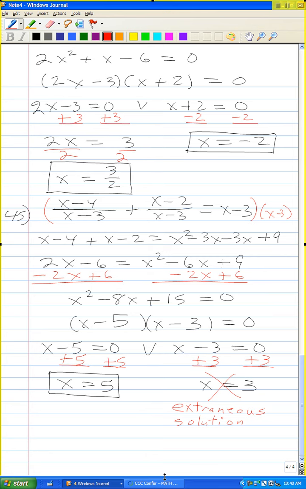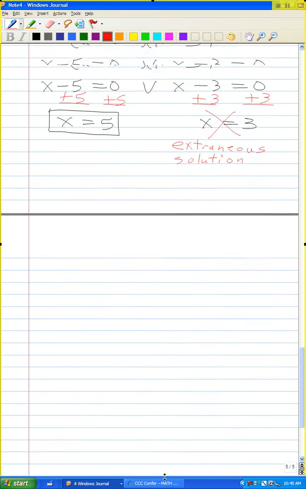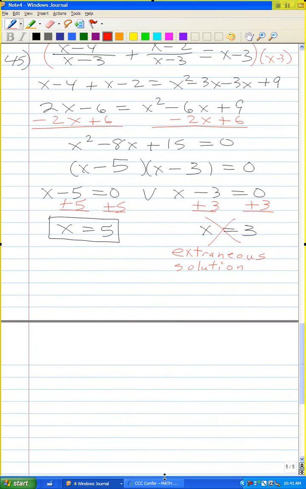Okay. Let me do problem number 48, which is actually the same problems we did just a few sections ago. The literal equation. So this is actually the third time we've seen them, I think.